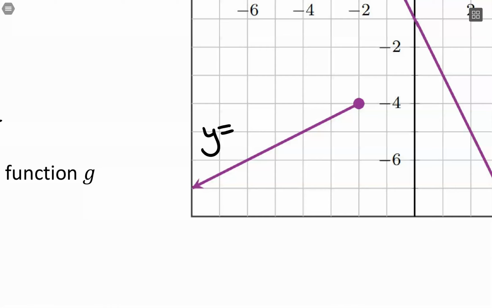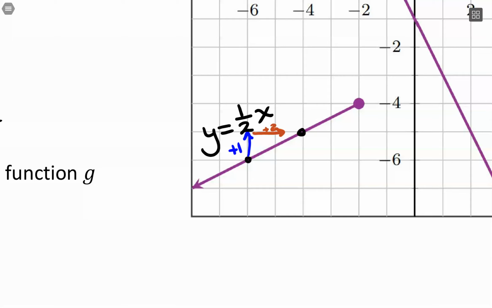So I'm going to use slope-intercept form for these. So my slope, all you need to find slope is basically 2 points, and it's the change in y over change in x. And what I can see is for y we moved up 1, and for x we moved to the right 2. So my slope is going to be 1 over 2.